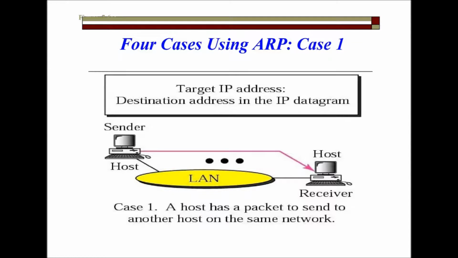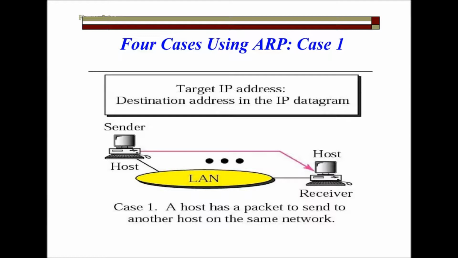There are 4 cases using ARP. This is case 1, which is shown in this diagram. Target IP address, the destination address in the IP datagram. You can see 2 host devices, the sender device and the receiver device, and the communication of these 2 devices is in a local area network or LAN.